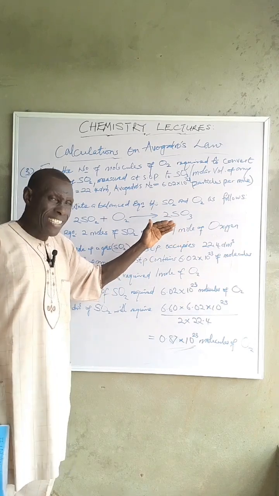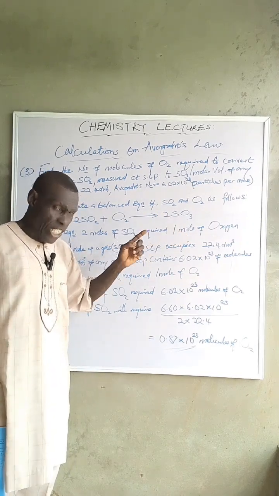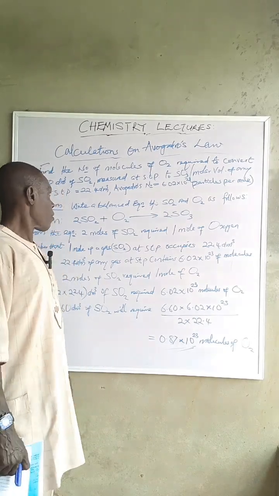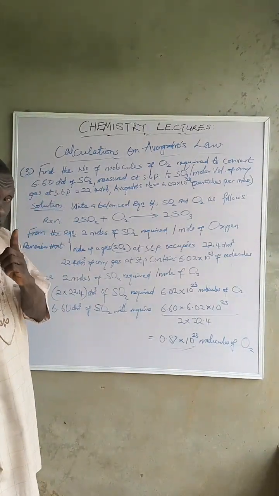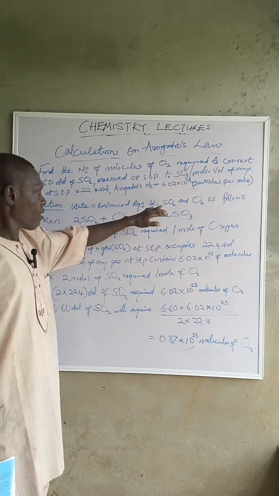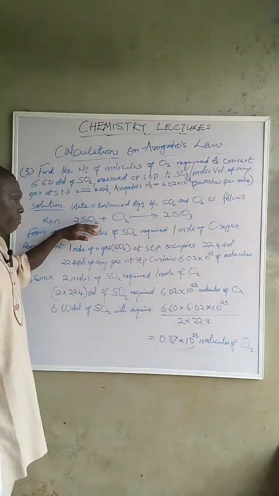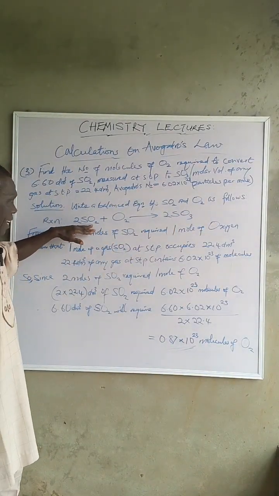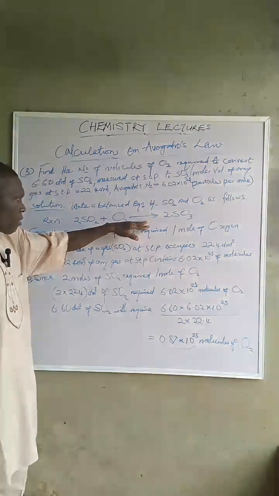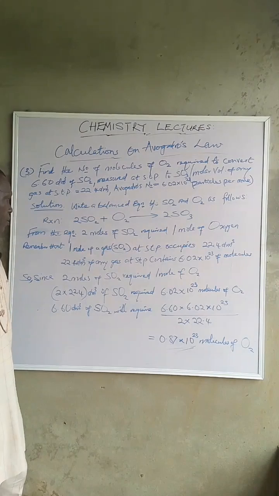If you do not write the chemical equation, you wouldn't get it. So you must write a balanced equation between sulfur 4 oxide and oxygen as follows. That's what I've done here. This is already a balanced equation of this reaction.